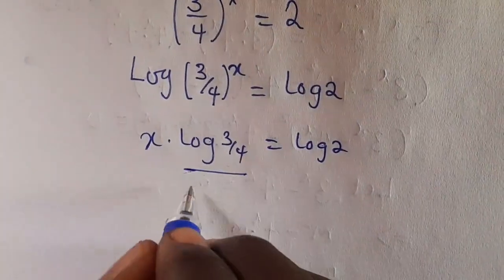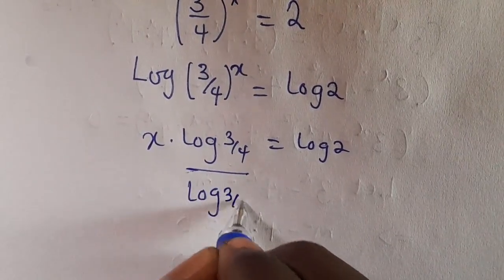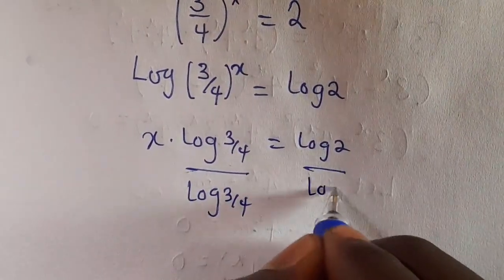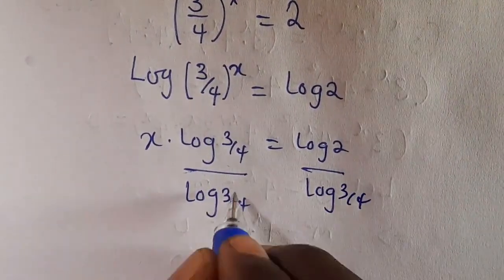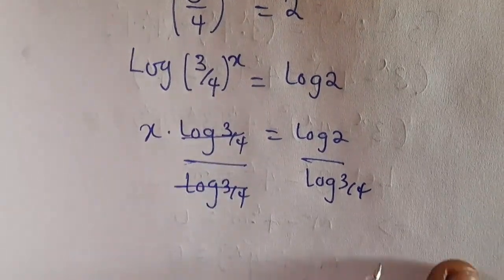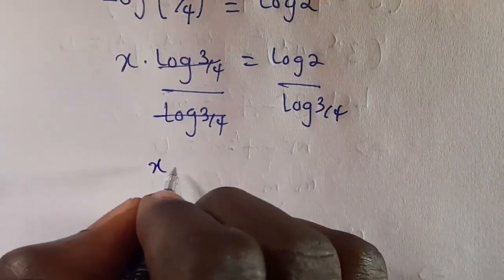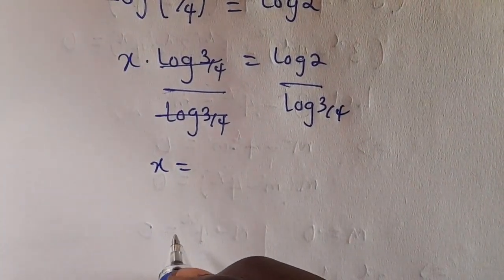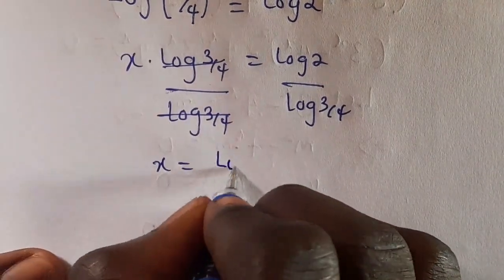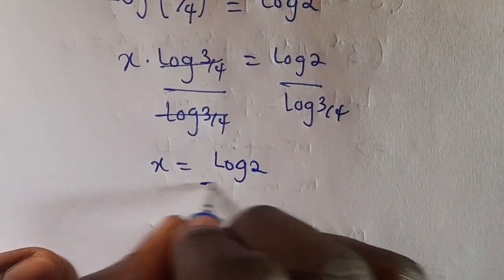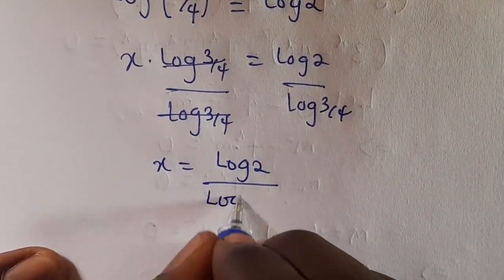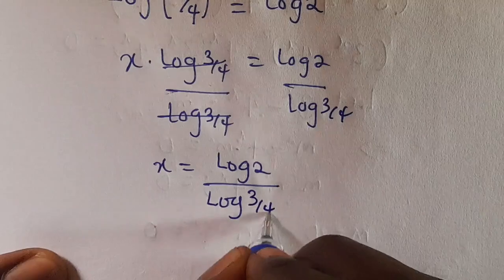By dividing through by log (3 divided by 4), this will cancel this, and we have our x to be equal to log 2 divided by log (3 divided by 4).